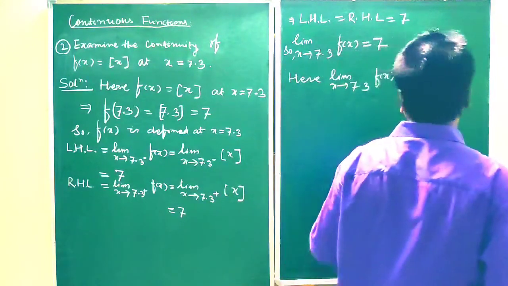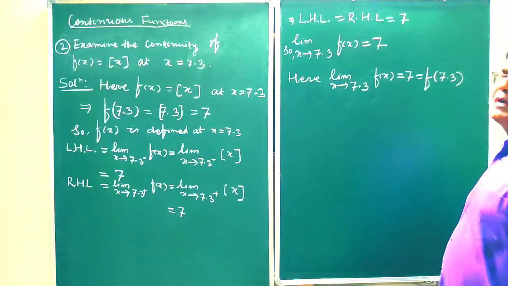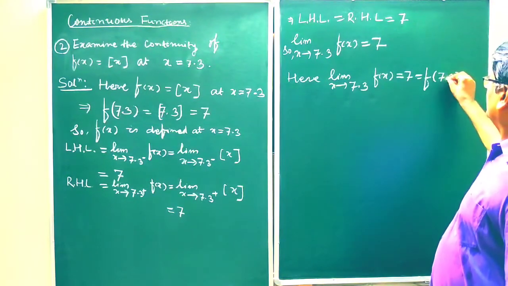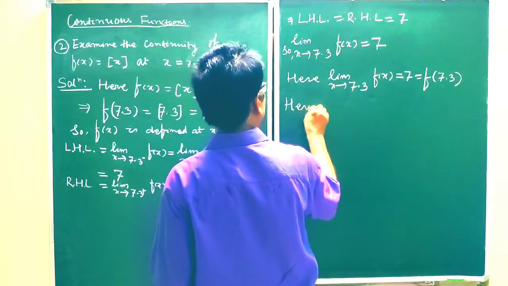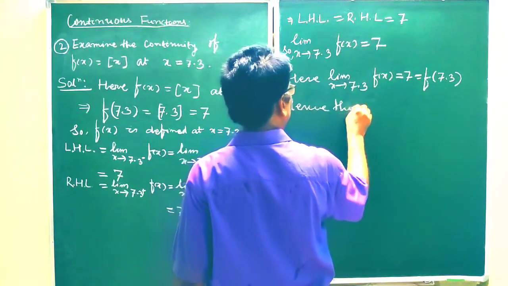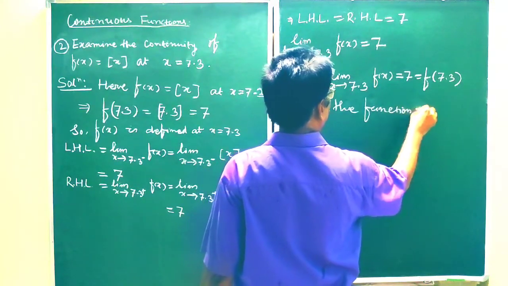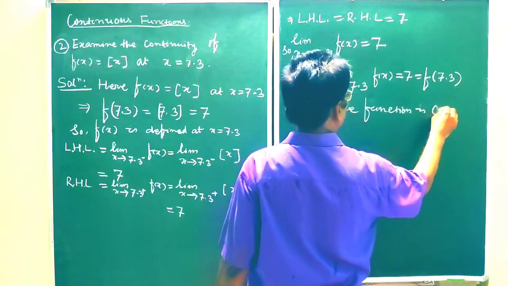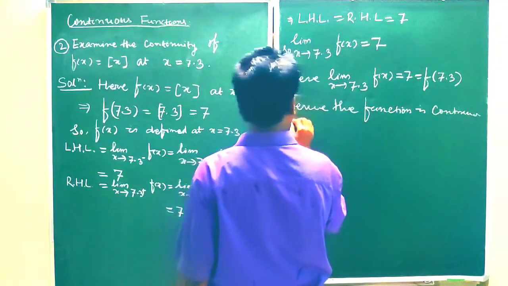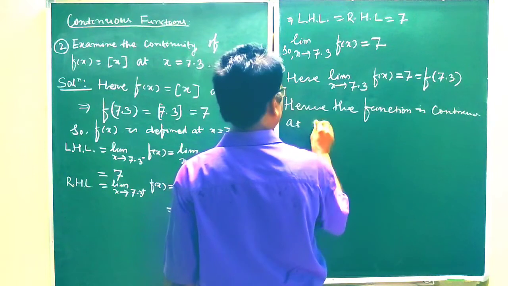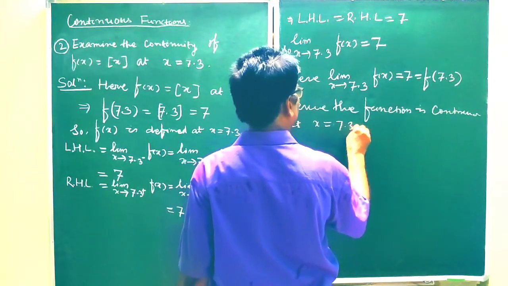So the limiting value of the function at x = 7.3 is equal to the functional value of the function. Hence the function is continuous at x = 7.3.